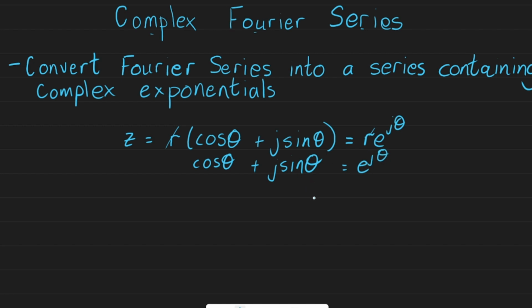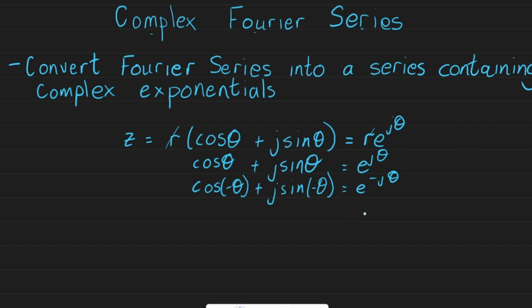So now what we're going to do is write this equation for minus theta. So wherever we see a theta, we're now going to substitute in minus theta. So we have cos of minus theta plus j sine minus theta. This is equal to e to the power minus j theta.